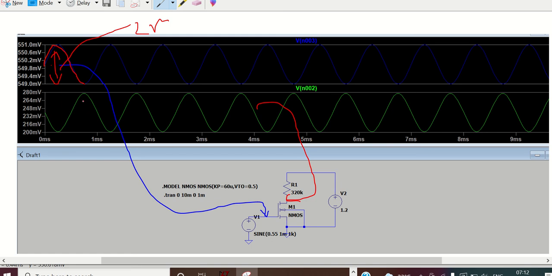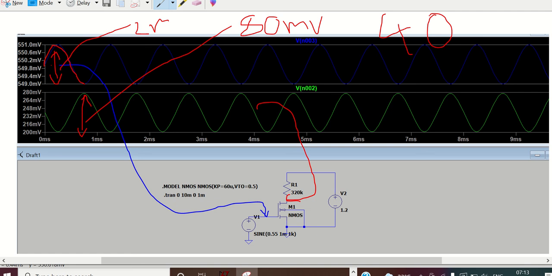So nearly 80 millivolts total. So 2 millivolts is becoming 80 millivolts, almost. If you divide, 40 is my gain, almost 40 gain. 40 gain is not very good, but still it is a good gain.